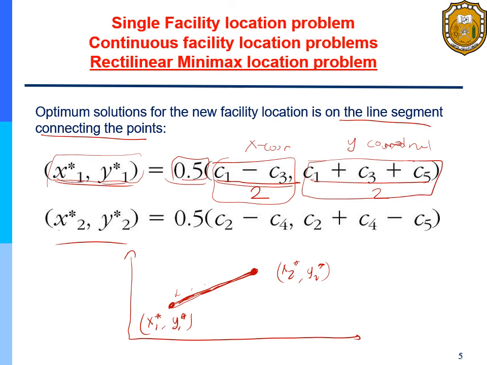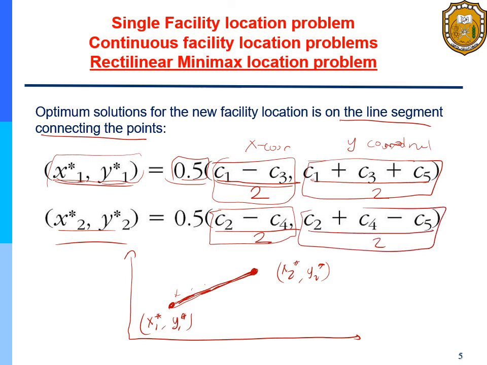Similarly, the second point will be C2 minus C4 divided by 2 for the x coordinate, and for the y coordinate you have this, and any point connecting these two will be your optimum location.